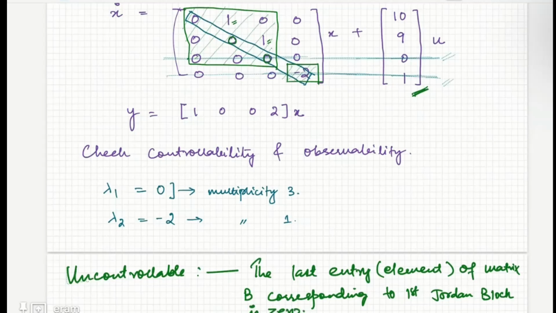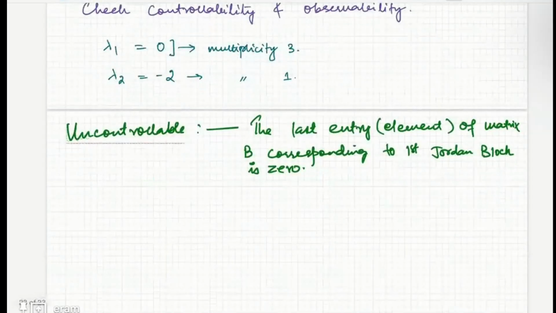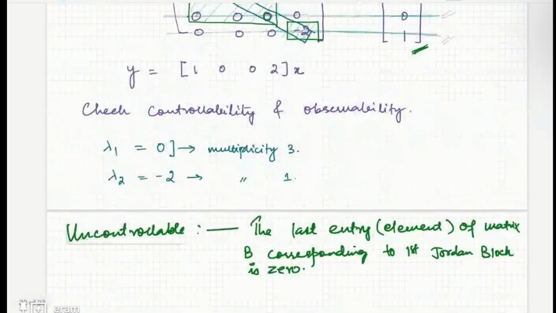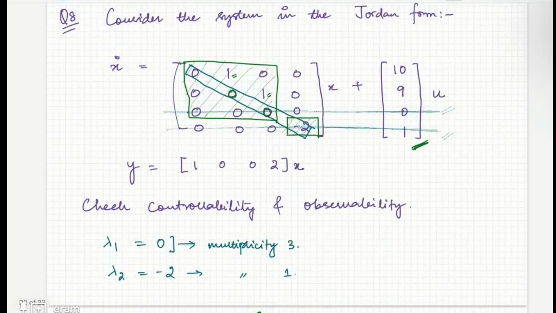If it were non-zero, then the system would be controllable. Now can we check on the observability? Similarly, for controllability we have to check the last entry of the matrix B for each Jordan block. If it were non-zero, then the system is controllable.